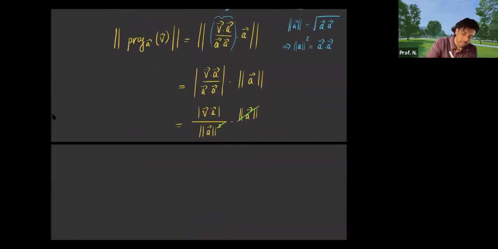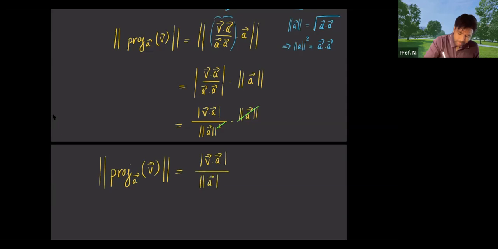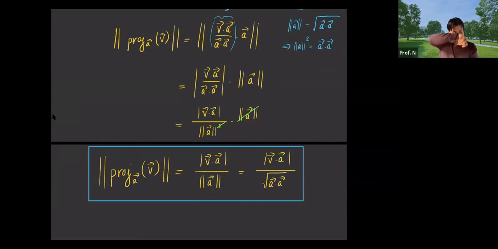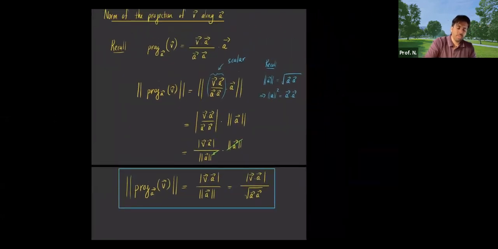So the projection of V along A, if I want to find the norm of that, I can also rewrite this as the absolute value of the dot product of V and A over the norm of A, or in other words, V dot A, absolute value, divided by the square root of A dot A. So this has become very formulaic in its presentation, but really it all stems from the same vein, which is this projection formula.